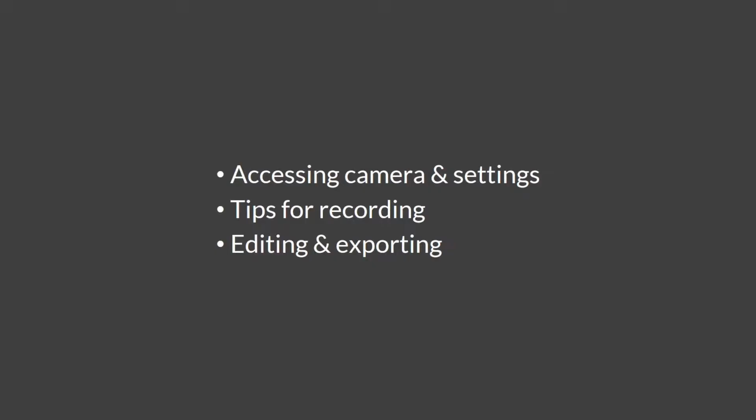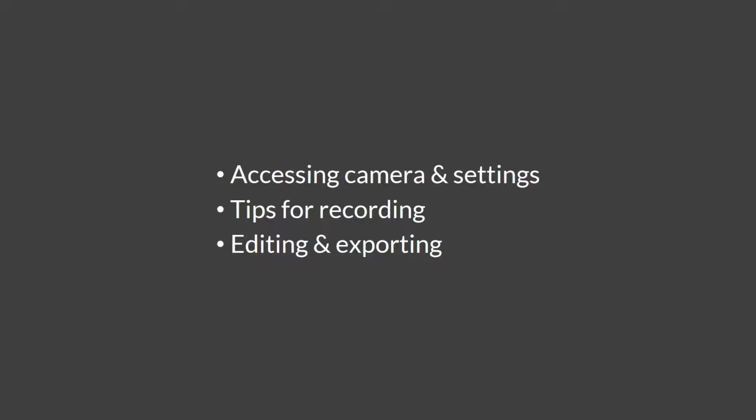All right. So we will go ahead and move into our conclusion here. To recap what we've talked about in today's class, we first talked about accessing the camera and the settings, some important settings to look at, and some things to think about there.